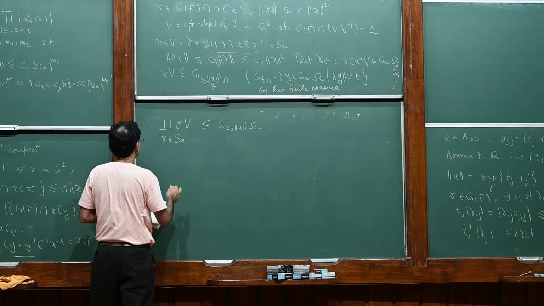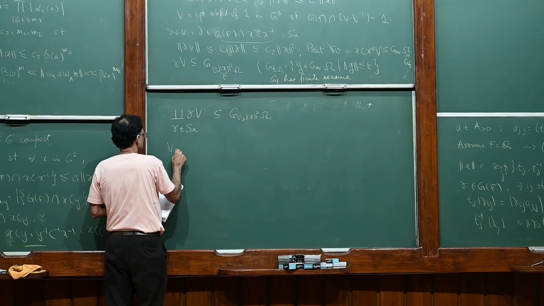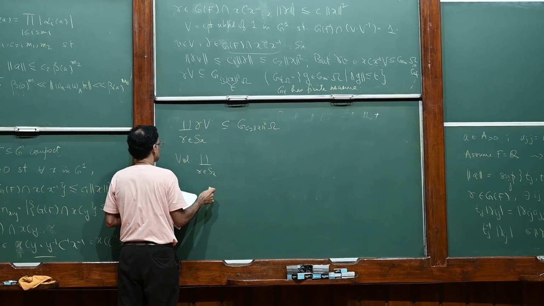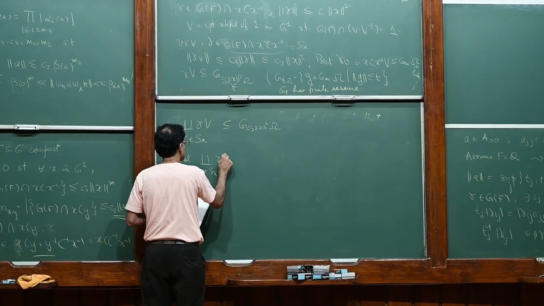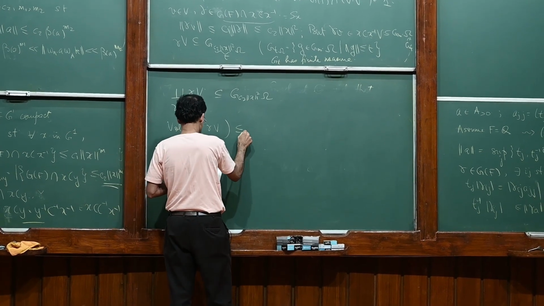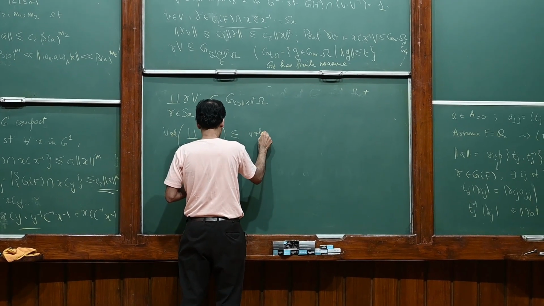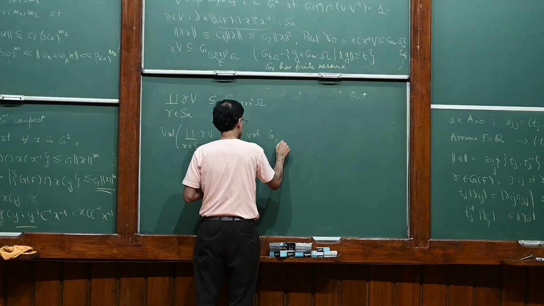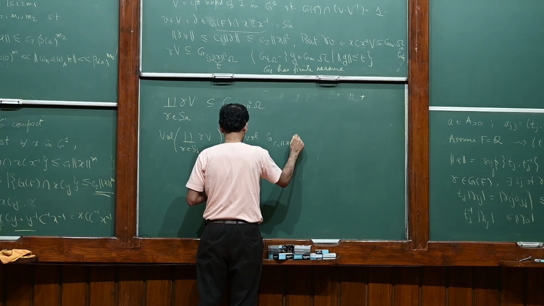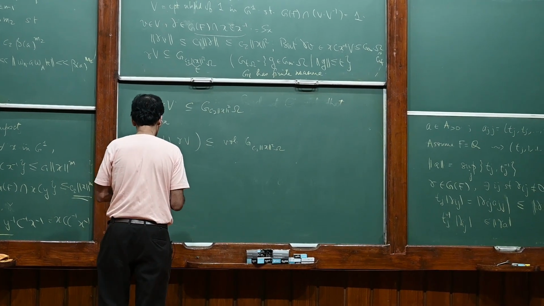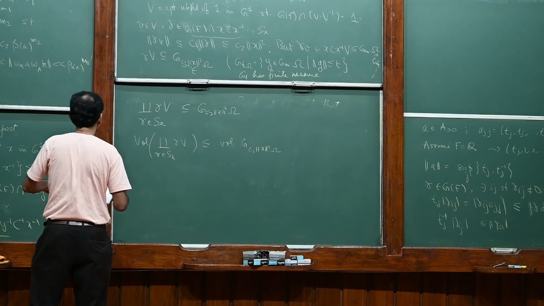So the volume of this whole thing, the volume of the union of gamma v, is obviously contained in this volume, right? Volume of G C squared norm x squared omega.